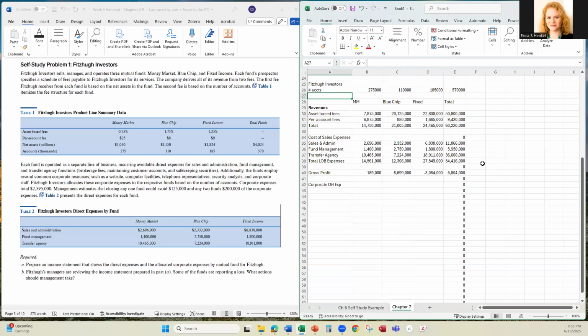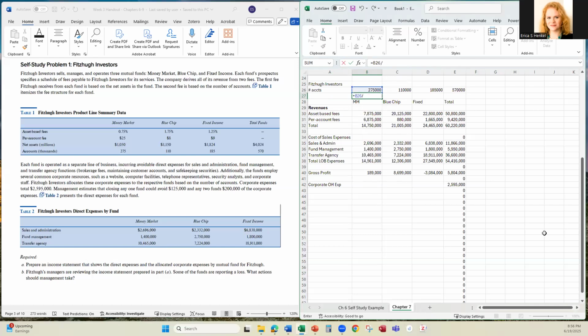And corporate expenses total 2,595,000 here, and we're going to allocate them based on the number of accounts. So let's figure out then. So we're going to figure out what percentage gets allocated here by figuring out B26 divided by E26.